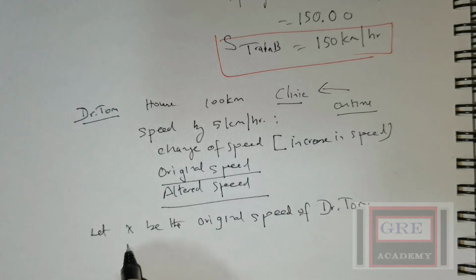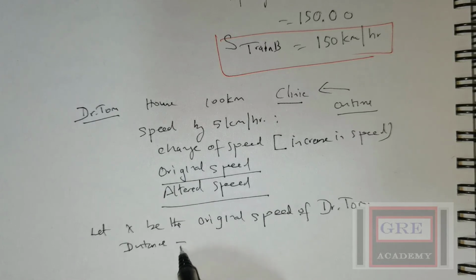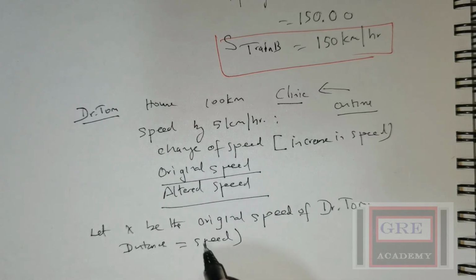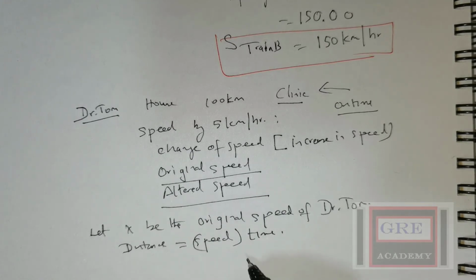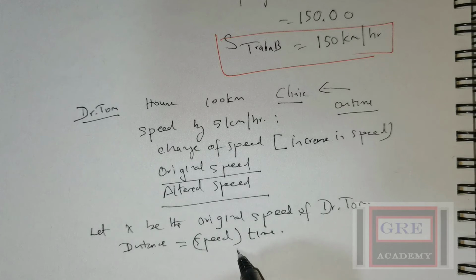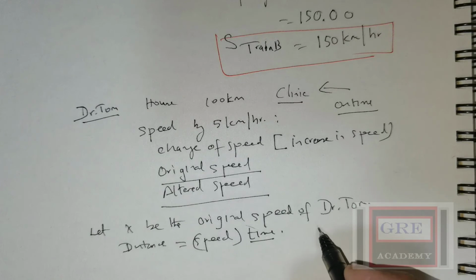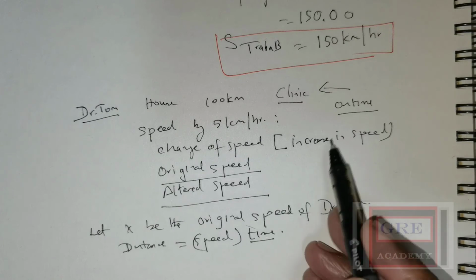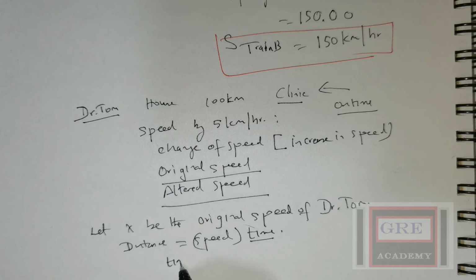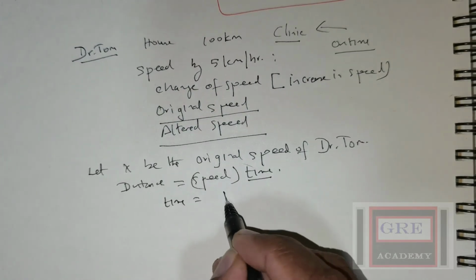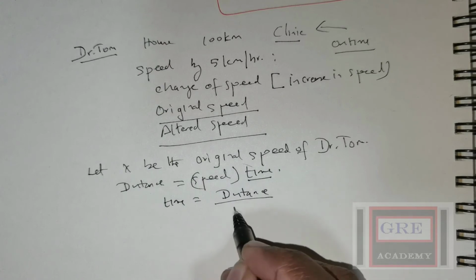So we know the formula, distance is equal to speed multiplied with time, and we know the distance, so we can rewrite this in the form of the time, because we are given that because of Dr. Tom's 1 hour delay he has to increase the speed. So I'm going to rewrite this as time equal to distance over speed.